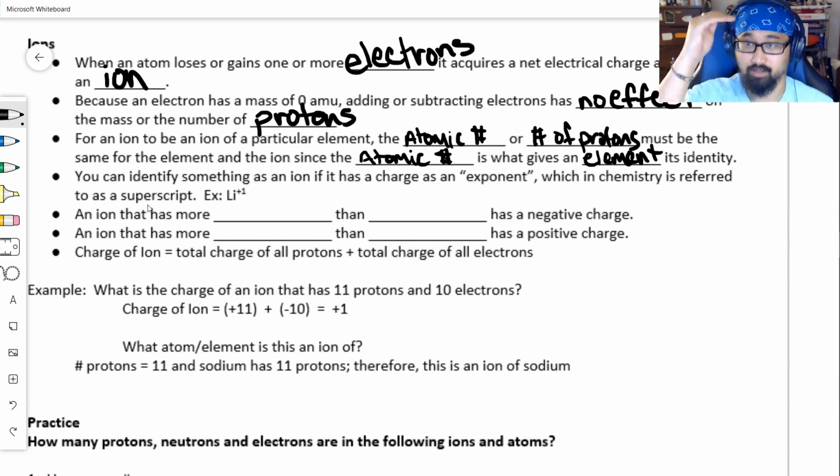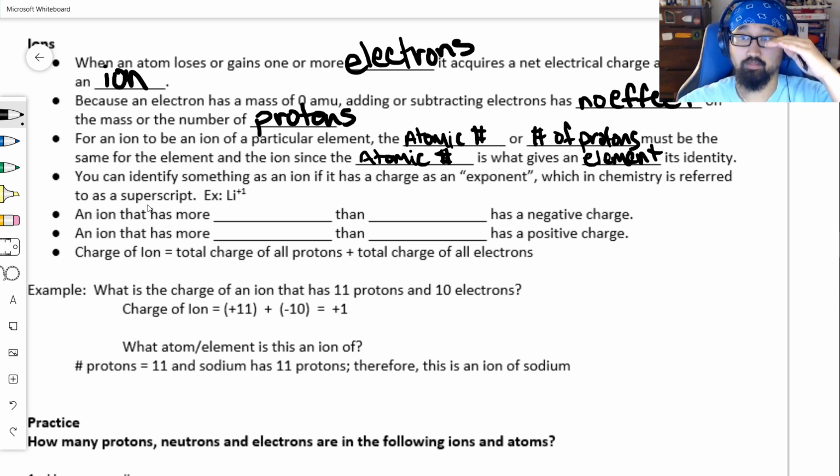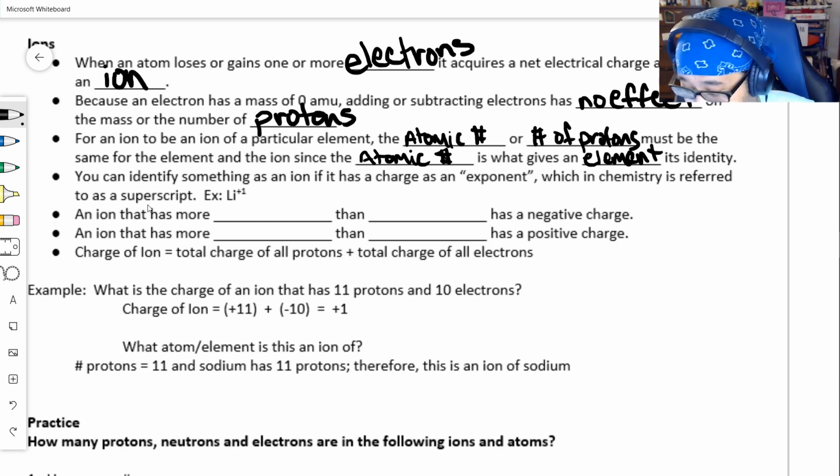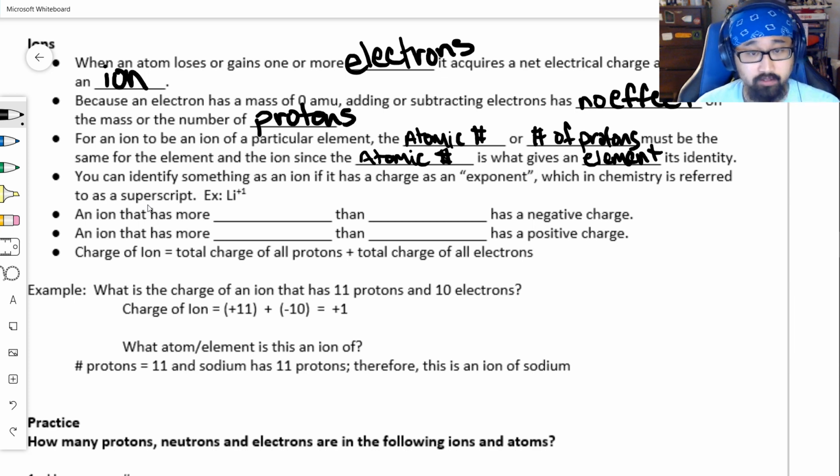Super like above. Script is just the text that you write. So superscript is above normal text. We'll also talk later about subscript, so something that's below. We'll get to it. But right now, talking about ions, they have the charge, that's superscript.